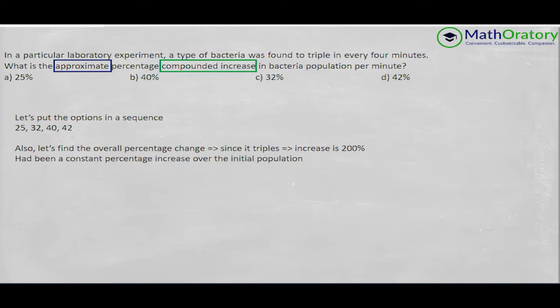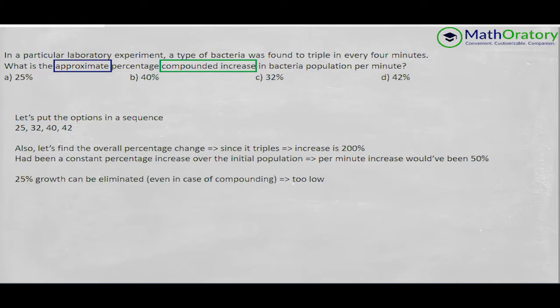So the increase is 200%, and had there been a constant increase over the initial population as the base, not on the current population, then the per minute increase would have been simply 50%, right? This is also very easy to understand, 200 by 4.